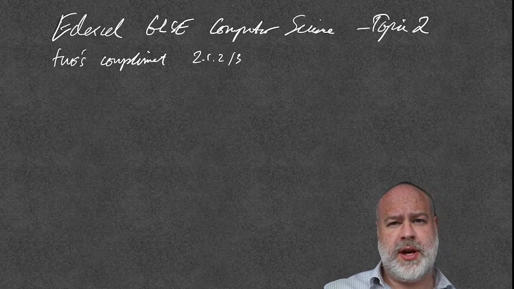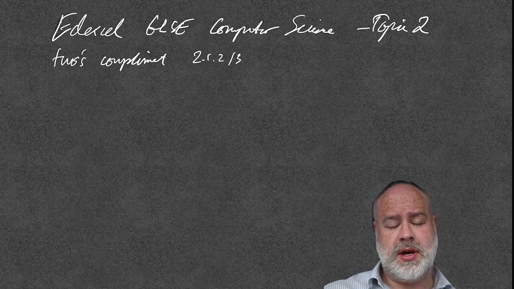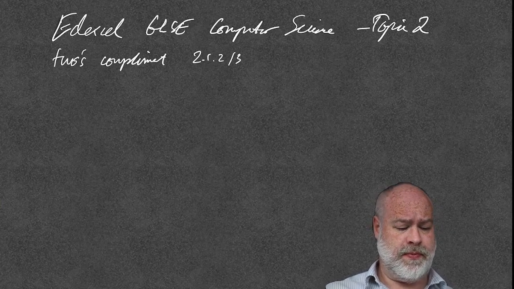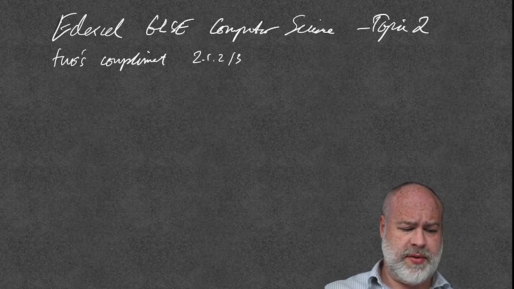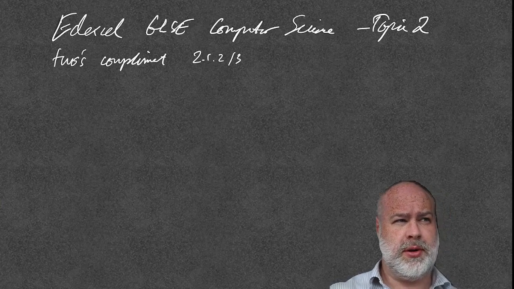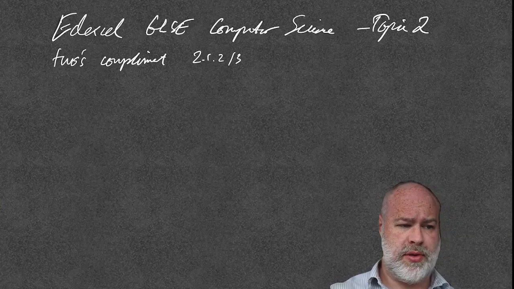We're going to be covering Edexcel's GCSE in Computer Science, topic 2, and we're going to look at 2's complement, which will cover the specifications 2.1, 2.2 and 2.3.